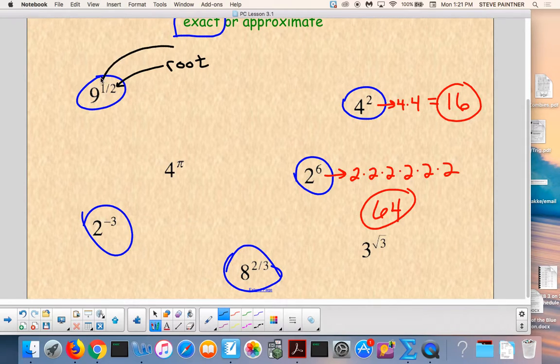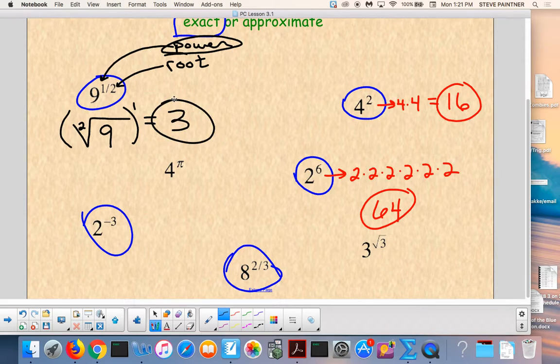And the number on the top is called the power. So you guys, take 9 and do what? Find the what root? Second root. Square root of 9. Whatever you get, raise it to what power? The first. Well, that's pretty easy. Square root of 9, 3. 3 to the first? 3. Which tells me now you can do that problem, right?